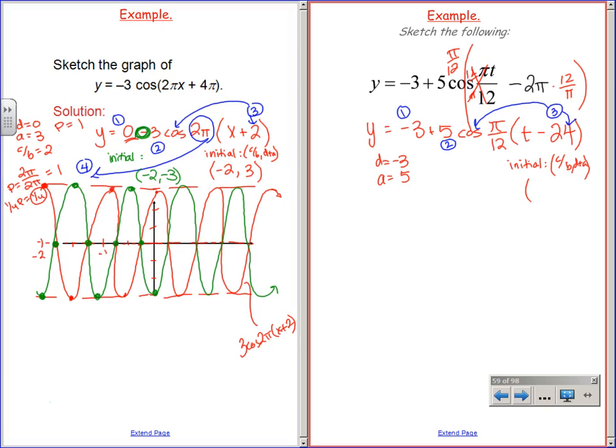So then c over b we already see is 24, a positive 24. D plus a is going to be -3 plus 5. That's going to be 2. And then period. That's our step 4. Period says 2 pi over pi over 12. Ew, gross.